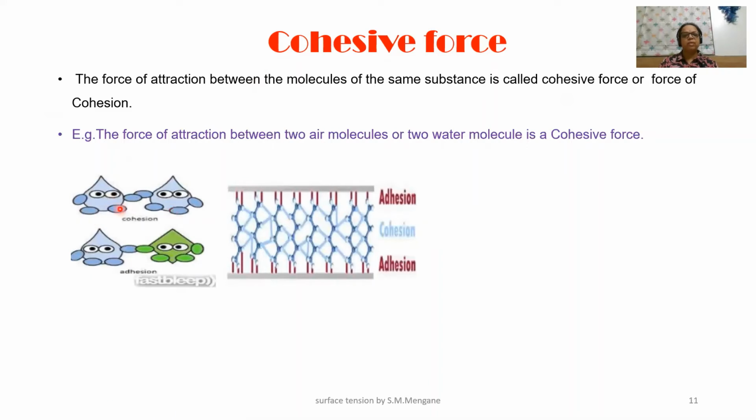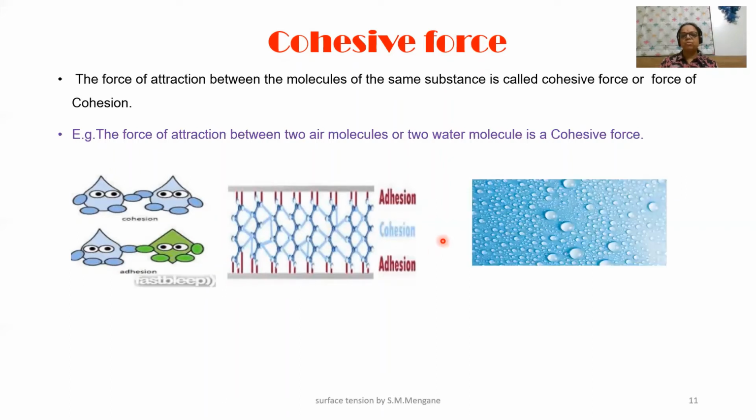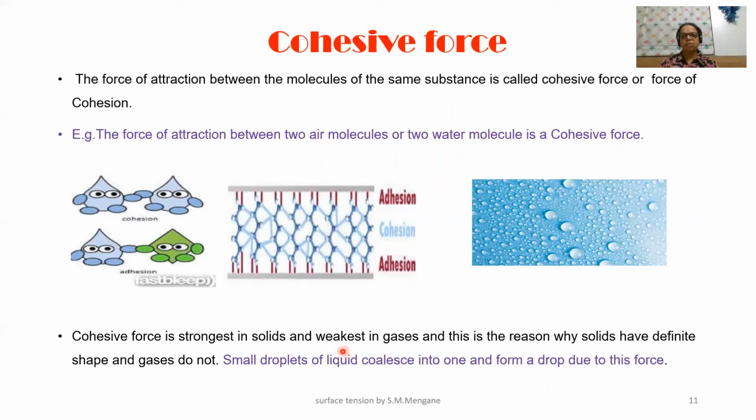See, as shown in the figure, the force between molecules of the same substance is called cohesive force. Cohesive force is strong in solids and weak in gases. This is the reason why solids possess definite shape and gases do not. Small droplets of liquid coalesce into one and form a single drop due to this cohesive force.